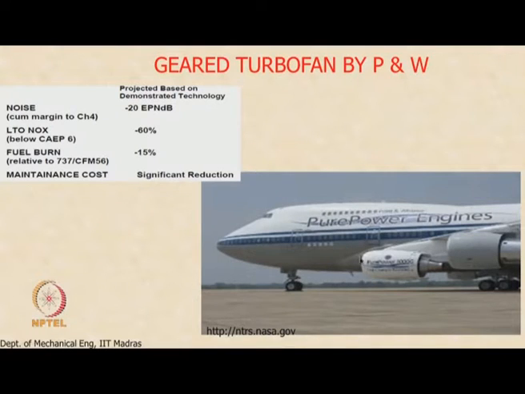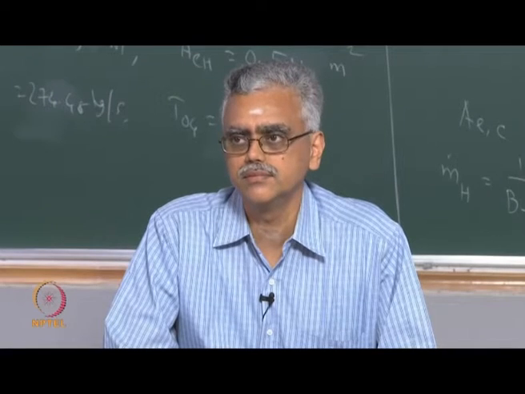So here you see the experimental engine being mounted on an aircraft, and this is being test flown as we speak today, and it has a noise advantage of a reduction of 20 decibels in effective perceived noise, which is actually a lot. As I said earlier, decibel scale is a logarithmic scale, and the human ear has only a fidelity of plus minus 2 dB.